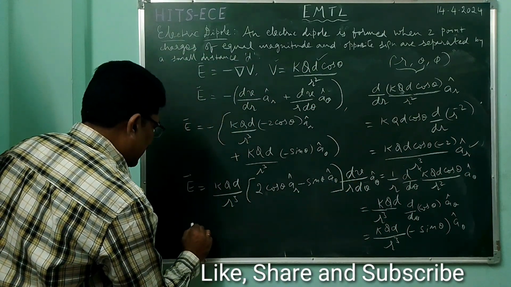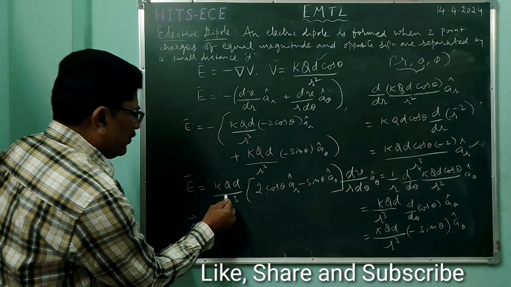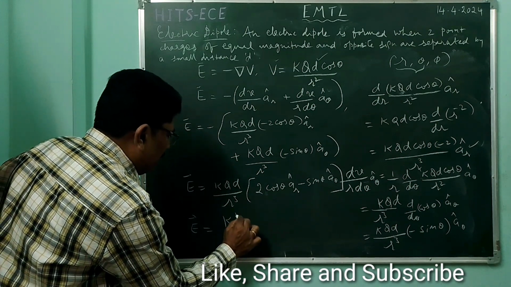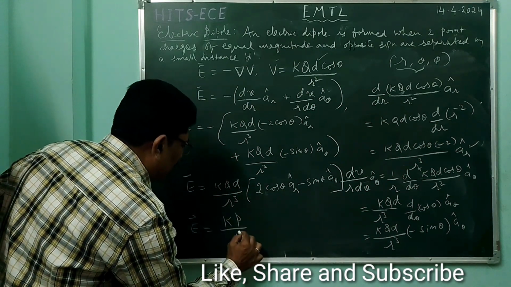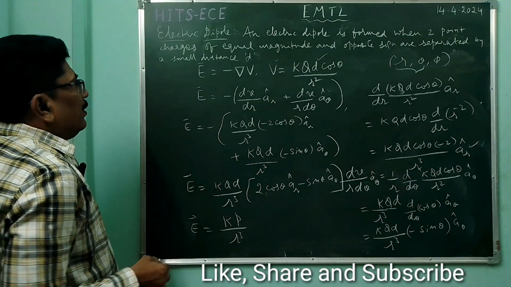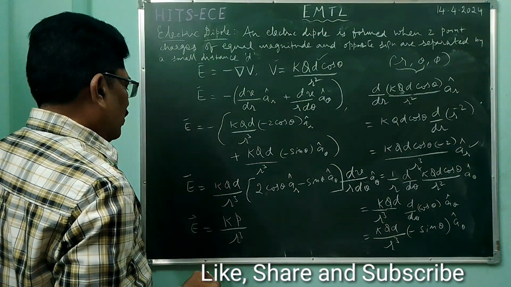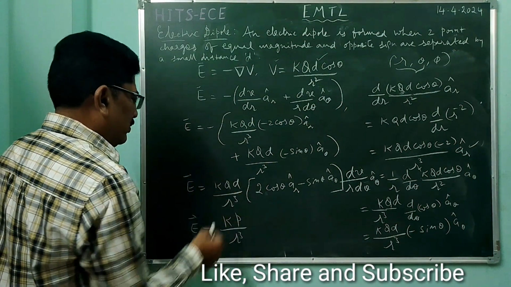This is the final expression for electric field, which is equal to k into p by r cube, where p is the dipole moment. P is equal to q into d.